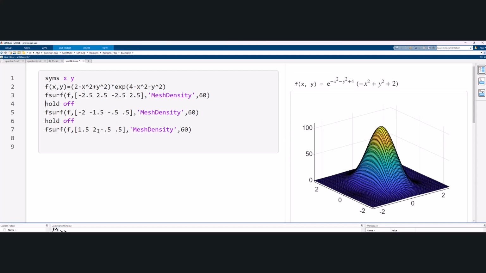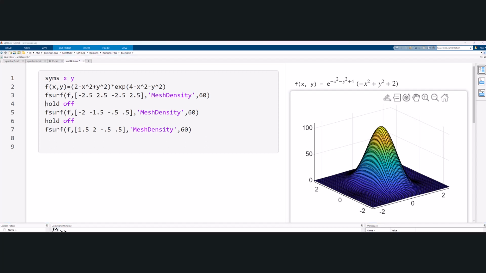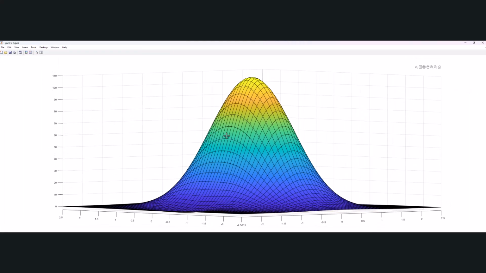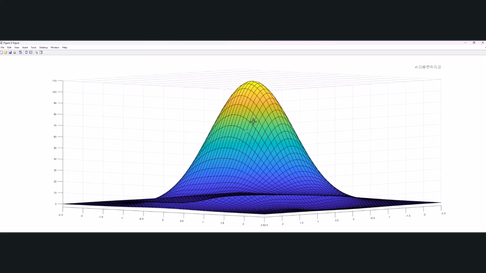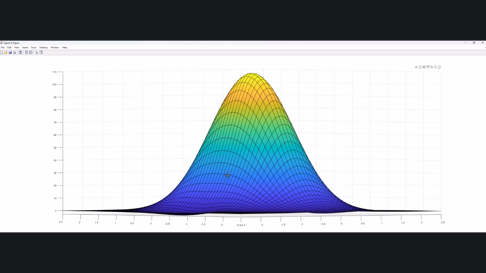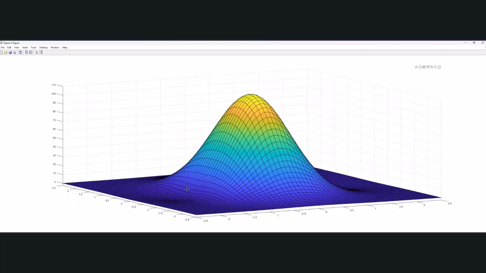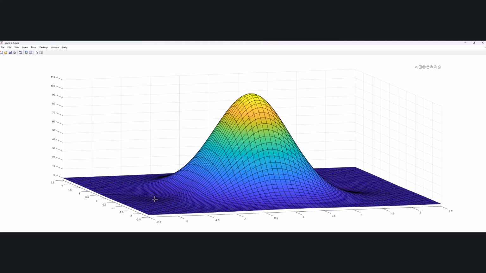Here, I have made the graph close to the local min points, because here it's not that easily visible. So you can see right here we have our max, and then here we can see our min along the line y equals 0.